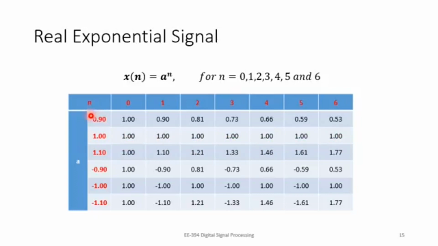Okay, so in this case it was decreasing, in this case it is constant, and if I increase this value beyond 1, I take it as 1.1, then you can note that the value of 1.1 raised to power 0 is 1, then raised to power 1 is 1.1, 1.21, 1.33. So here we are getting a signal which is expanding, and it is not converging, it's just diverging.